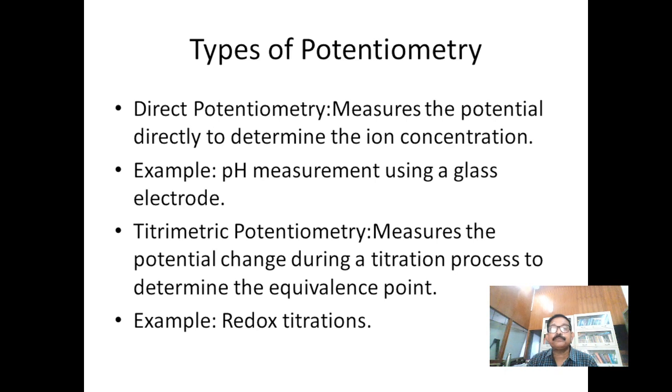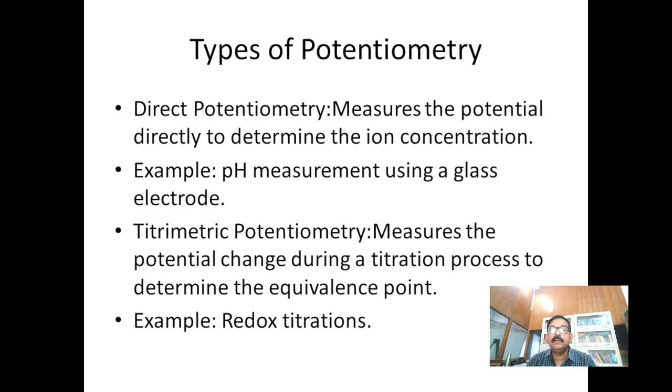Now, types of potentiometry. Direct potentiometry measures the potential directly to determine the ion concentration. An example is pH measurement using a glass electrode. That's direct potentiometry.